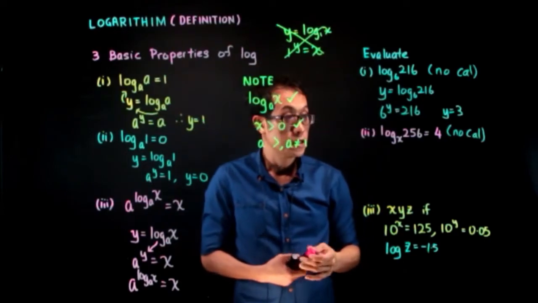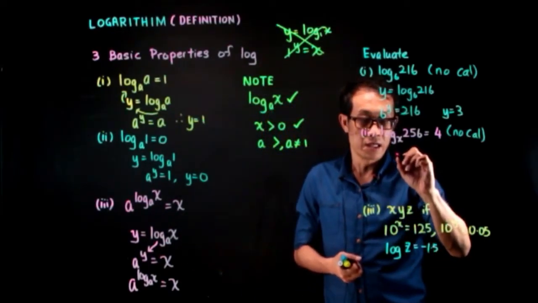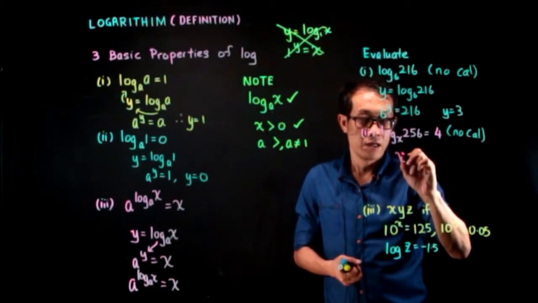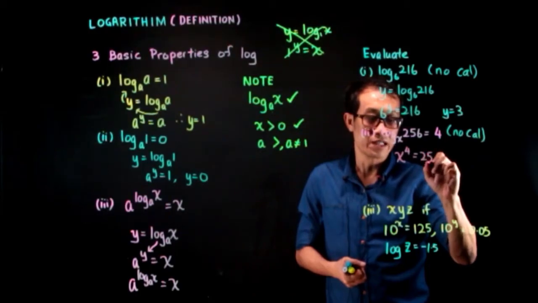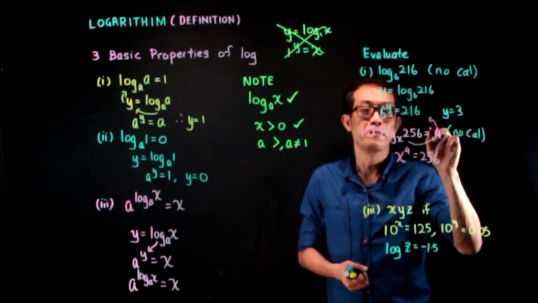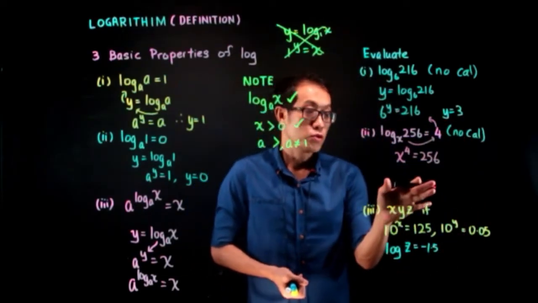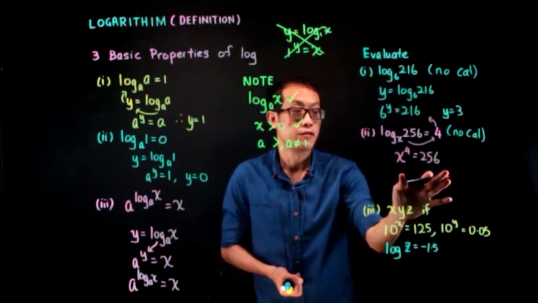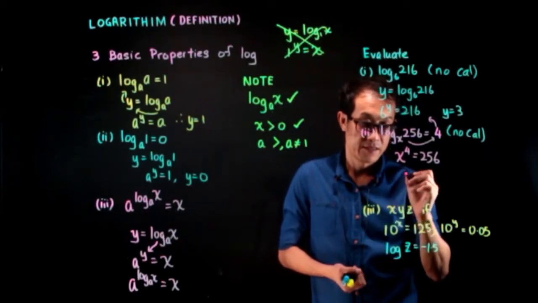Now how about this? This is a little bit tricky. So x to the power of 4 is 256. You use the cyclic thing: this one pushes up, then this one goes up. So you do the fourth root of 256.